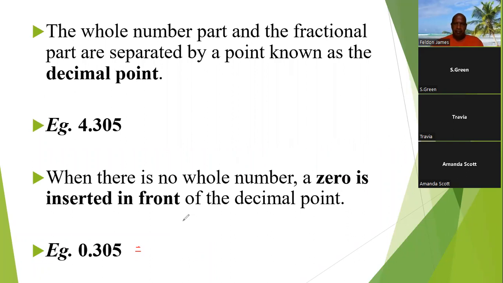At the beginning we have a 0 before the decimal as the whole number. Hold on, I'm trying to work it out.